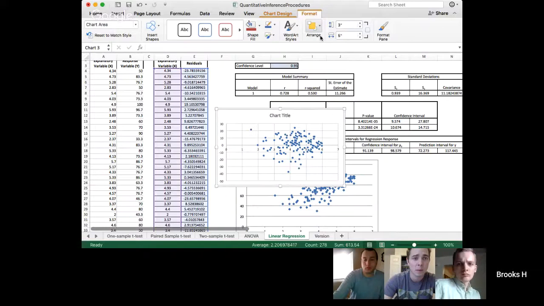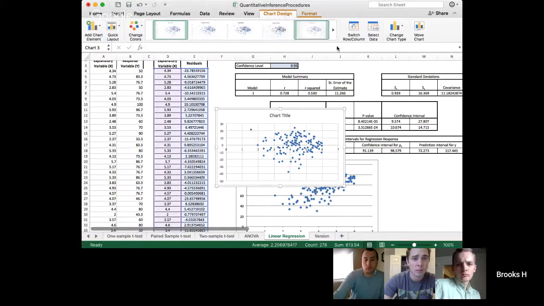I have a weird set. Again, my computer's being super slow and it's taking forever to highlight all this data.